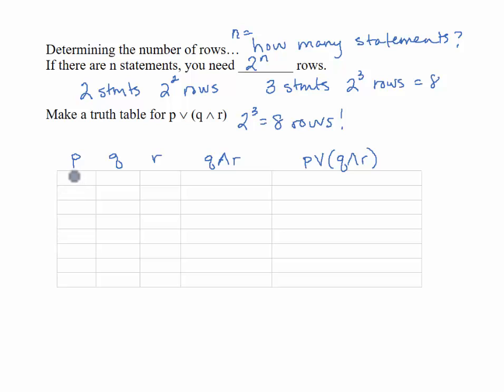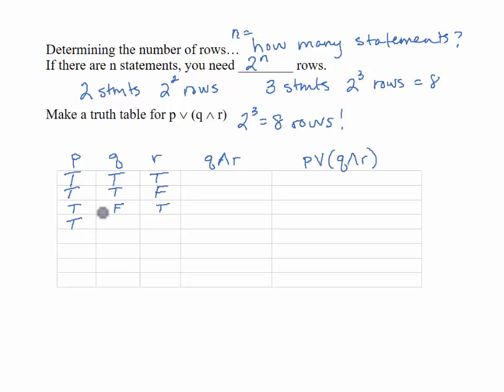Well, we could have P be true, Q be true, and R be true. Or we could have P and Q be true and R be false. Or P be true, Q be false, and R be true.